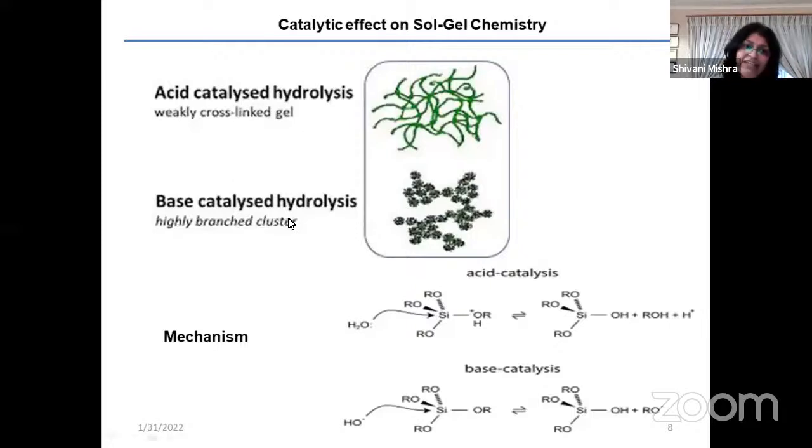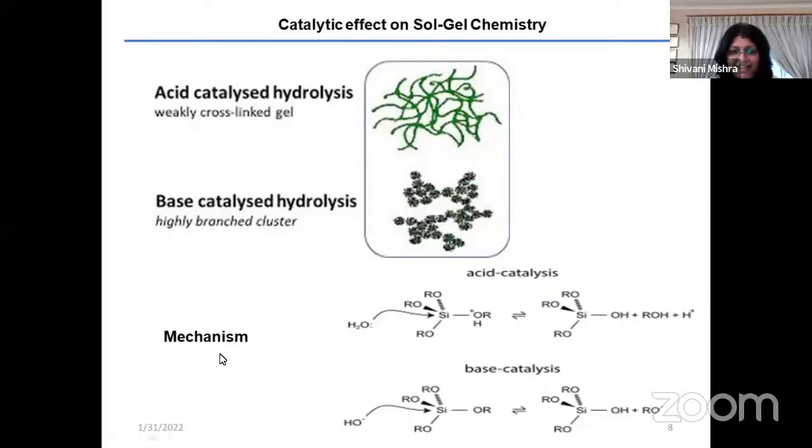But on the other hand, if I happen to choose a base for the reaction, for example, sodium hydroxide or potassium hydroxide, then instead of this kind of structure, I may end up having the gel in small, beautiful, flowery kind of structures. So again, we have the option here to fine tune the reaction in a way that gives what we finally want for our application area.